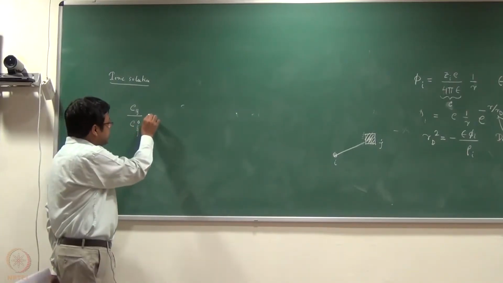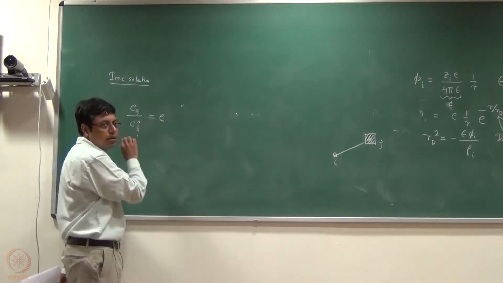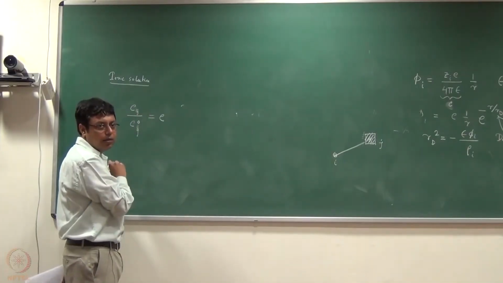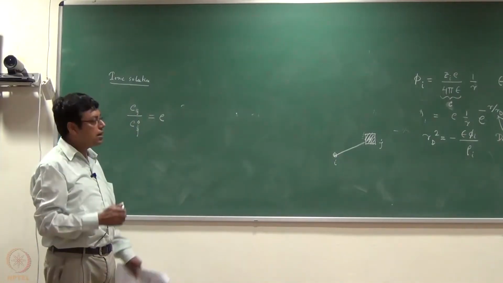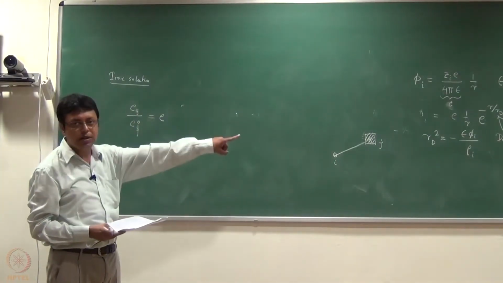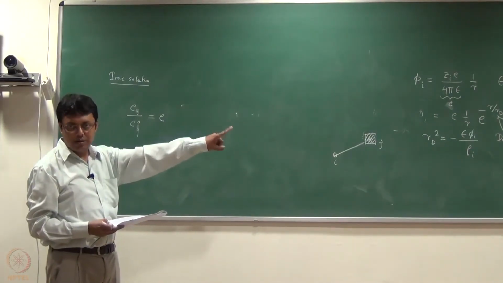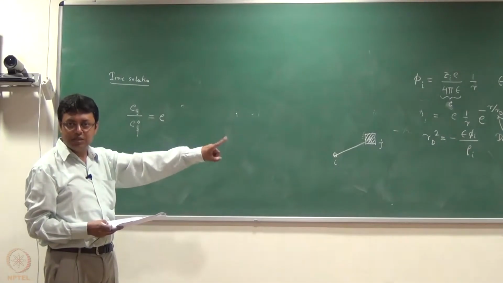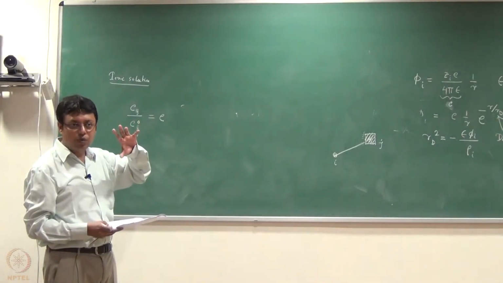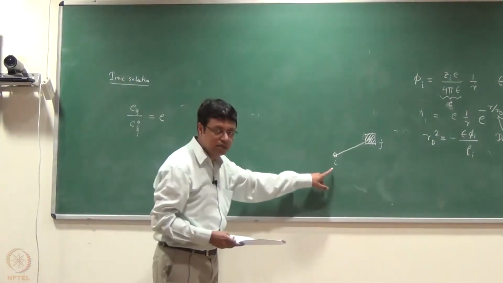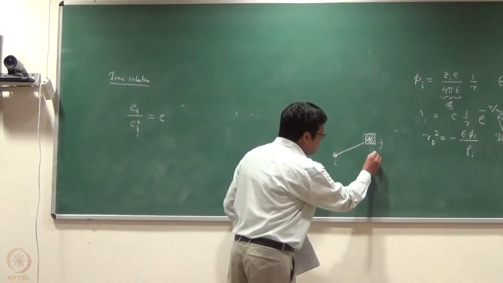And what is the Boltzmann factor? It is basically e to the power minus some energy by kBT, right? Now what is this energy? This energy is there because I put a charge J at some distance from the central ion which is I, but the distance I don't need to know because I already know that due to this charge the potential created is phi I.